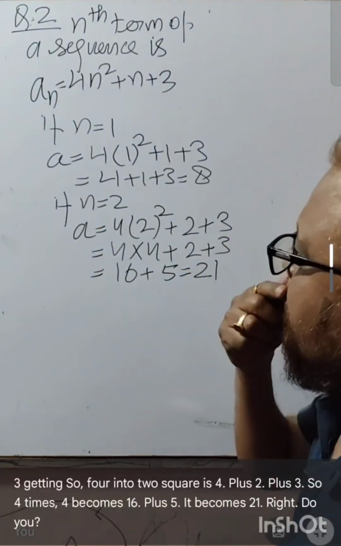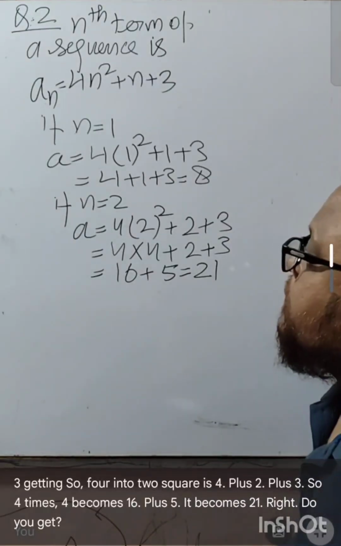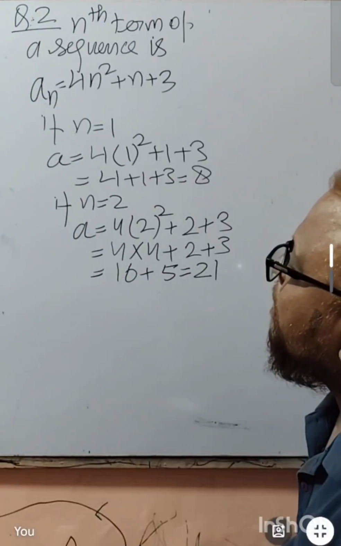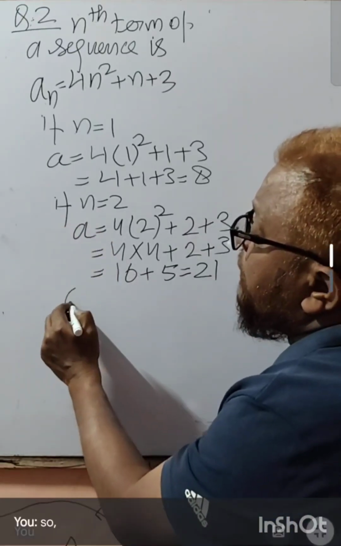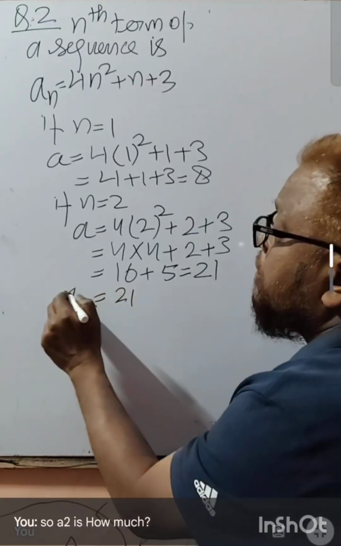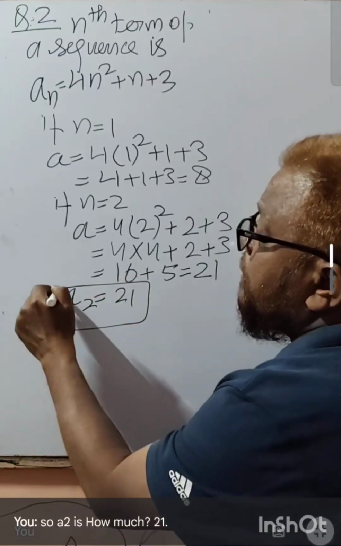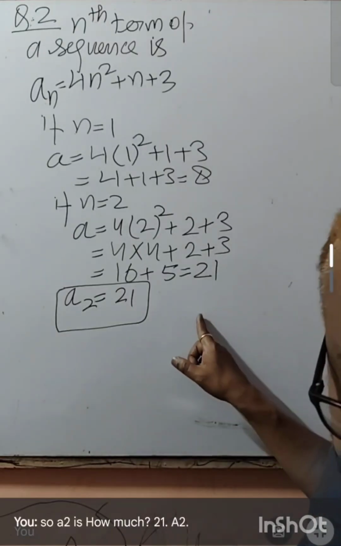Do you get? Shreya? So A2 is how much? 21. A2 is 21.